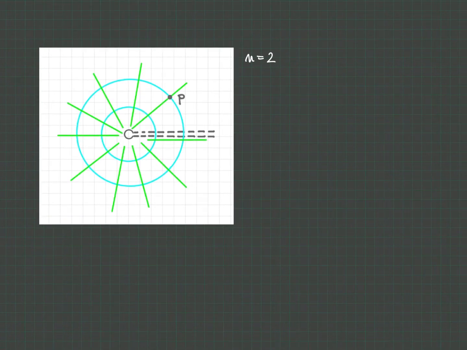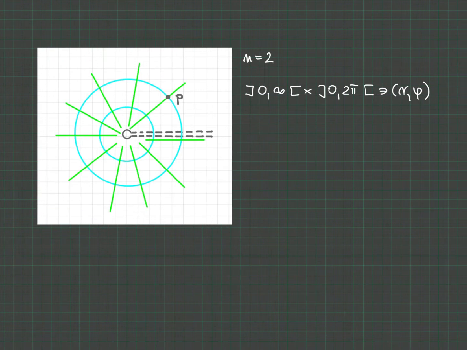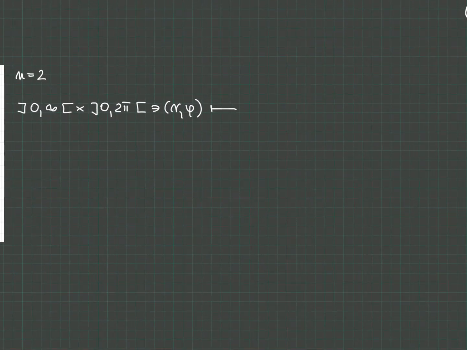How are they defined? Probably everybody knows. We have a map from a Cartesian product of two intervals. One of them is very long, another is shorter. The elements are r and phi, and they are mapped to r times cosine of phi, r times sine of phi.